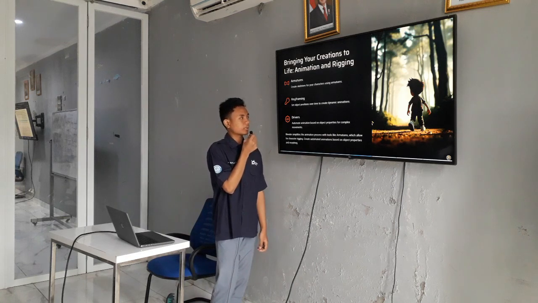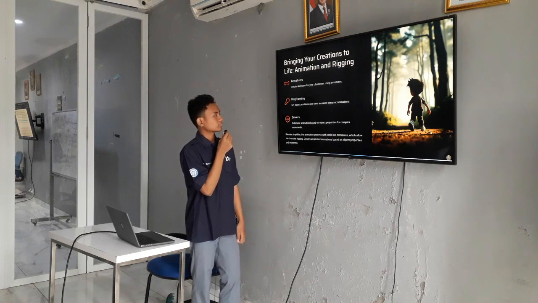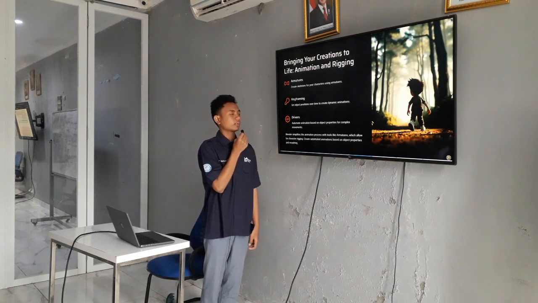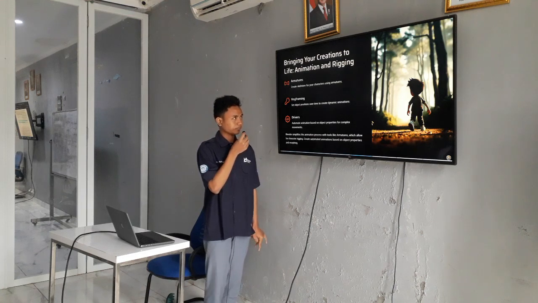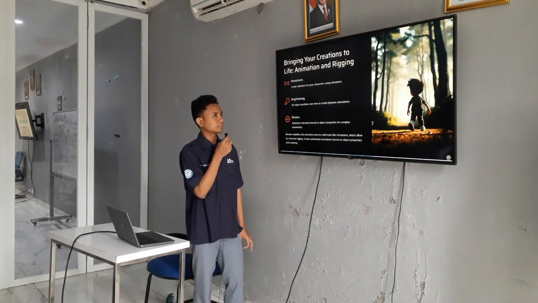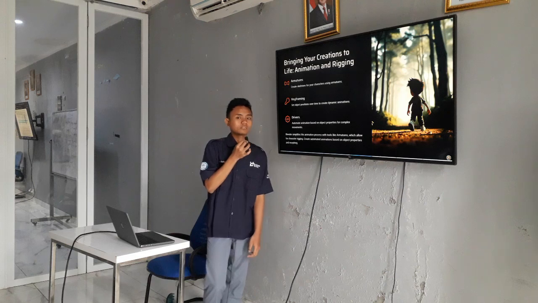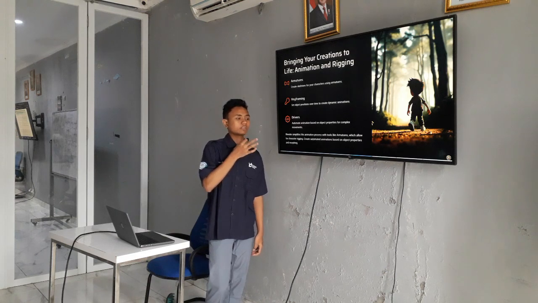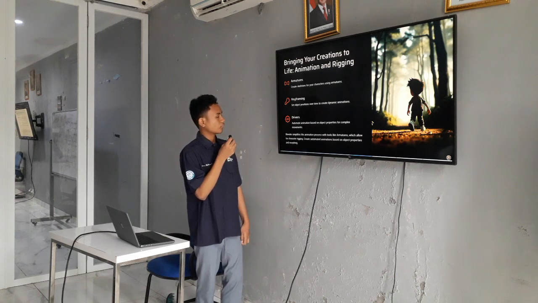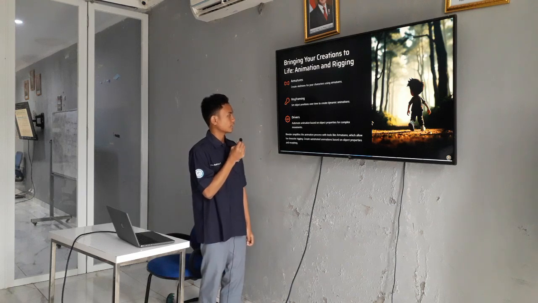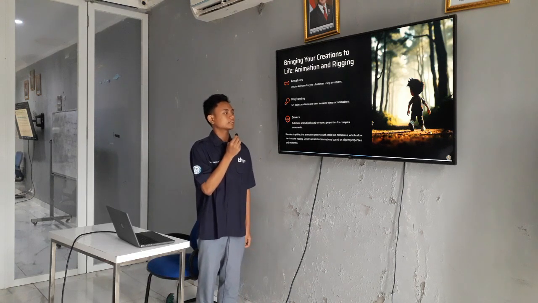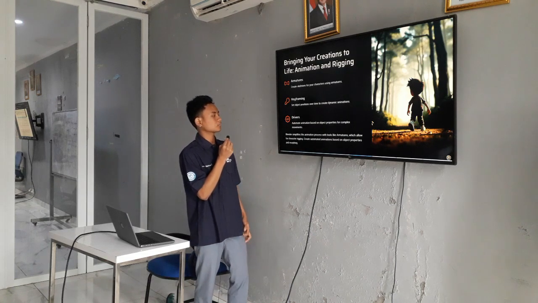And the next is keyframing. Keyframing is to set object position over time to create dynamic animations. It's like for the animation, and you can manipulate the curve for better animation. And the last is drivers, automate animation based on object properties for complex movement.